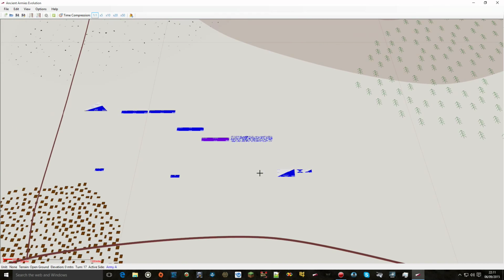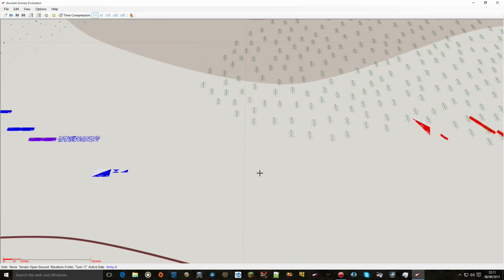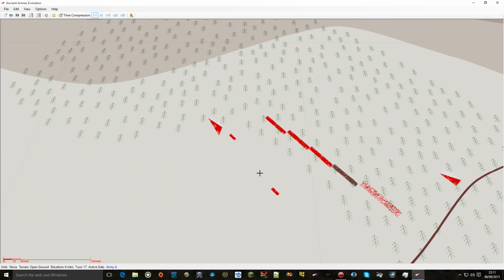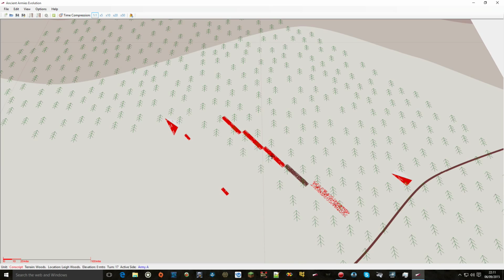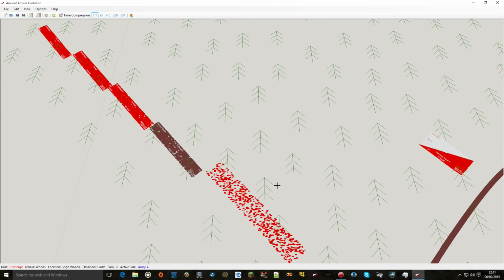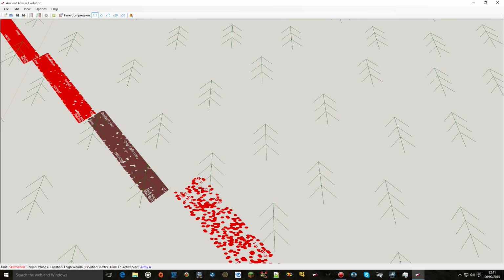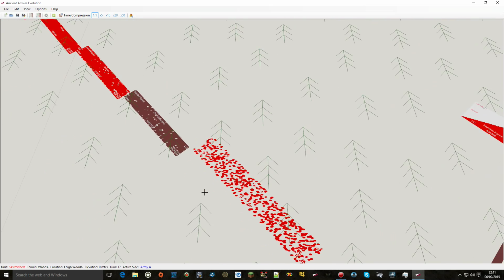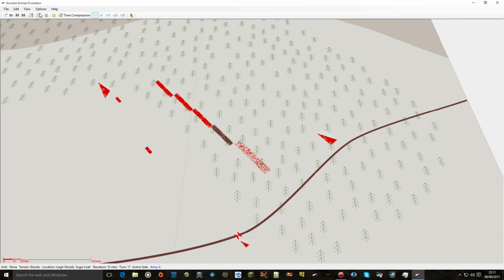Although the actual basic bones of the system's there and all the modelling is in there, I want to look at the graphical representation, see if I can improve that a little bit. I certainly want to make the wording a lot more legible than it currently is. That's something that will happen at some point.